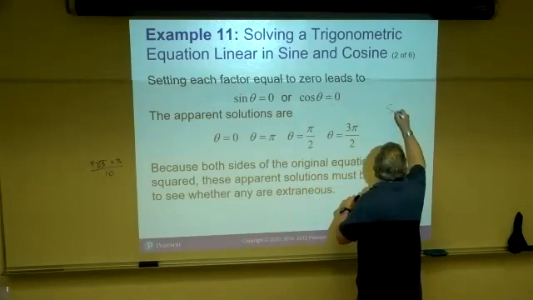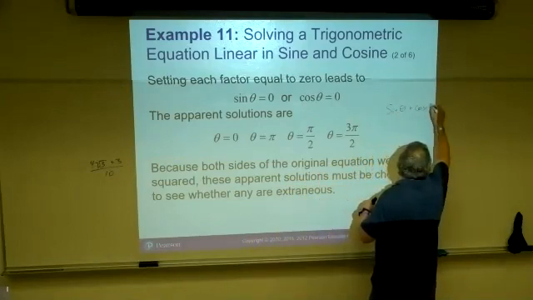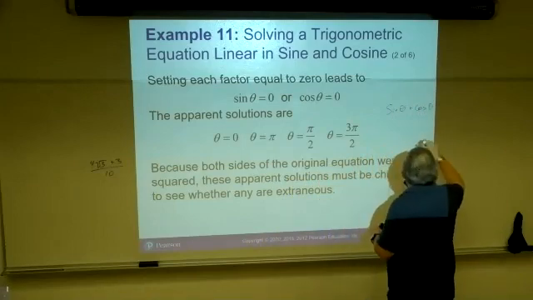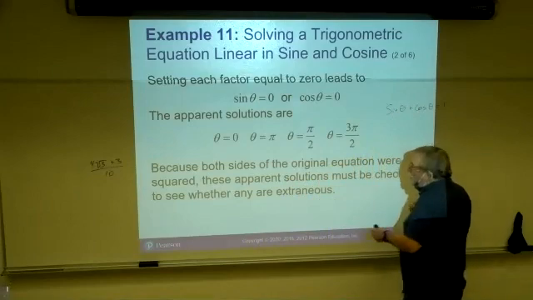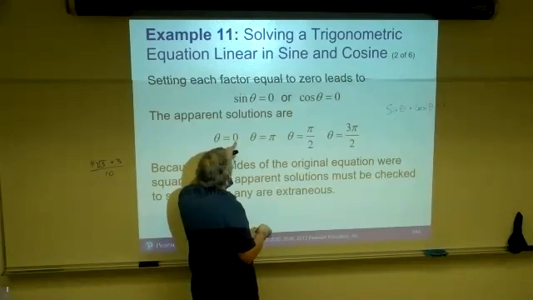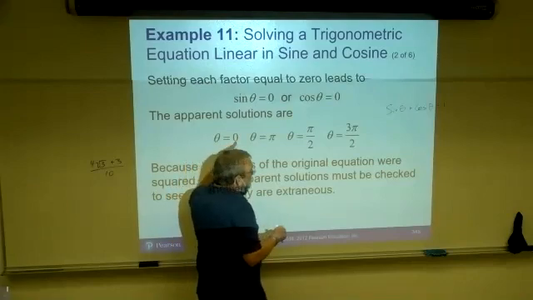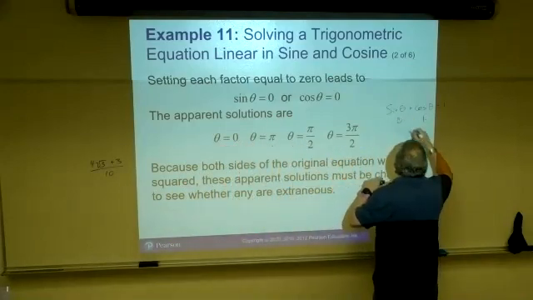So we're going to look at sine of theta plus cosine of theta, and we want the ones that give us 1. Well, when theta is 0, sine of theta is 0, and cosine of theta is 1.